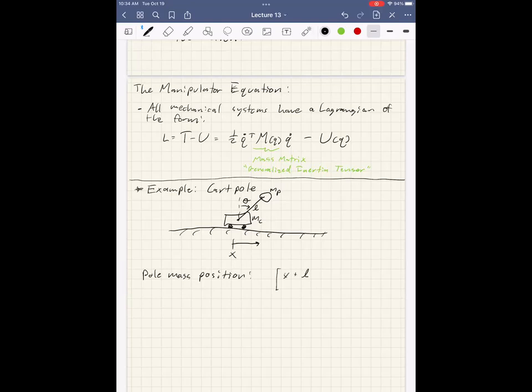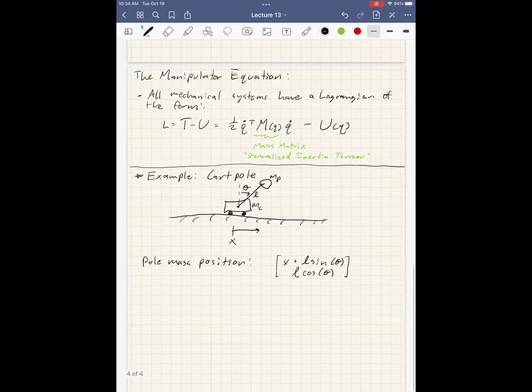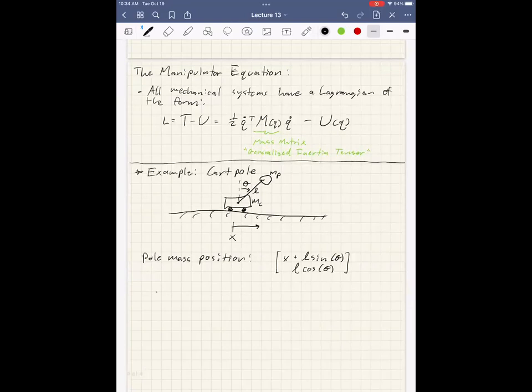So X plus L sine theta, and then the height of this guy is L cos theta. So now I can write the potential energy down as just U equals mg times the height. So it's m_p times g times L cos theta. That's pretty easy. Now let's write down the kinetic energy.